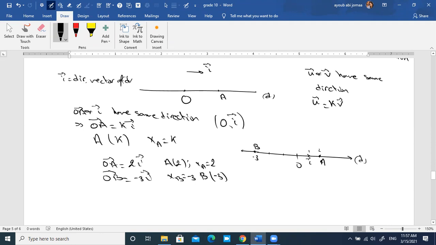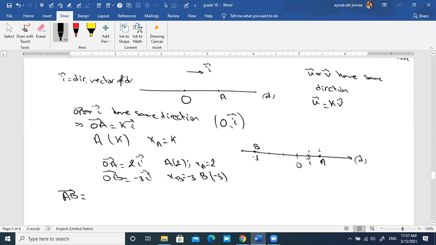Let's find the coordinates of vector AB. Coordinates of vector AB, or the components of vector AB.